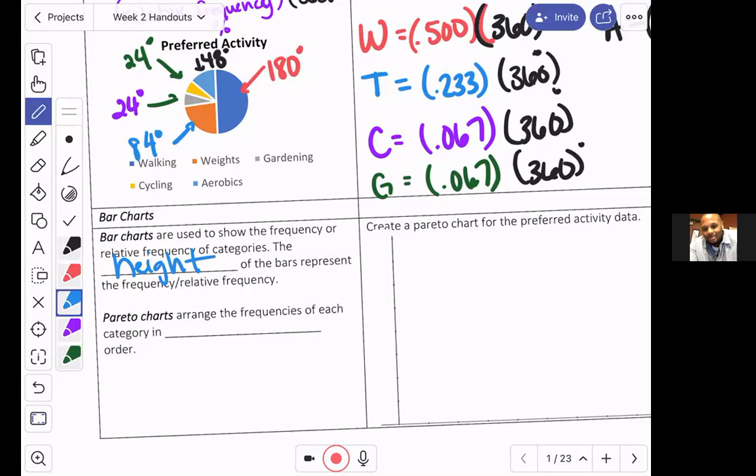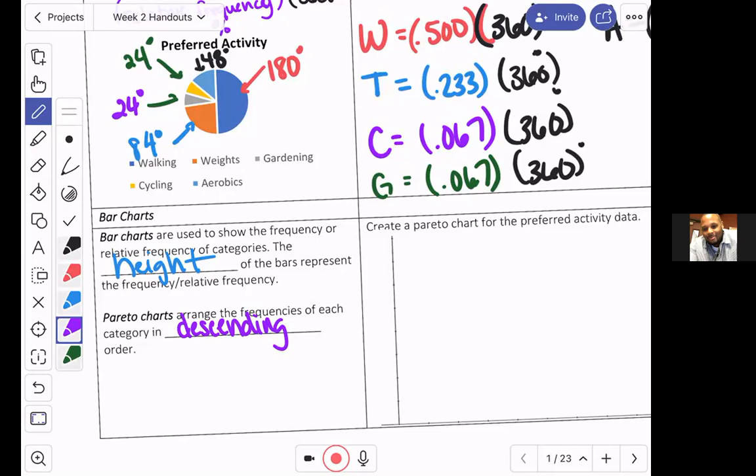Pareto charts arrange the frequency of each category in descending order. That means your highest bar should always come first, followed by your second highest, your third highest, your fourth highest.